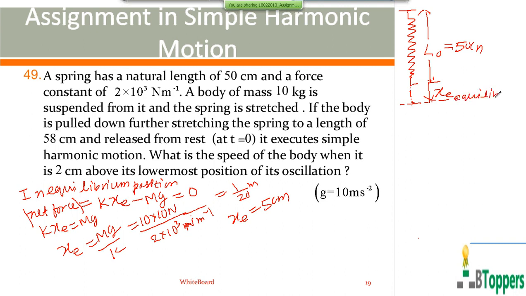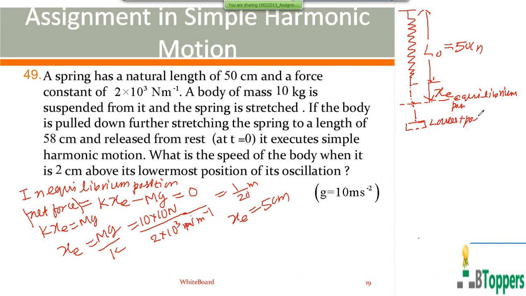So equilibrium position can be considered the mean position for oscillations, and the lowest position can be considered as one of the extreme positions.